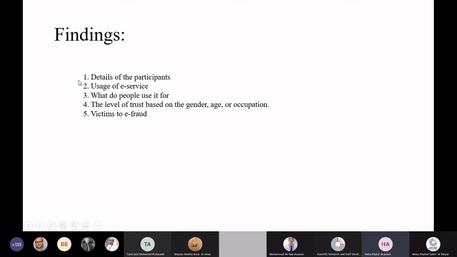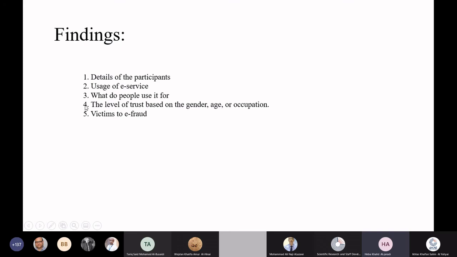So in the findings, we divided them into 5 different categories. First, I'll be telling you about the participants, their age, their gender, what they work, and then the usage of e-services, which is how often they use e-services, and then what they use them for.